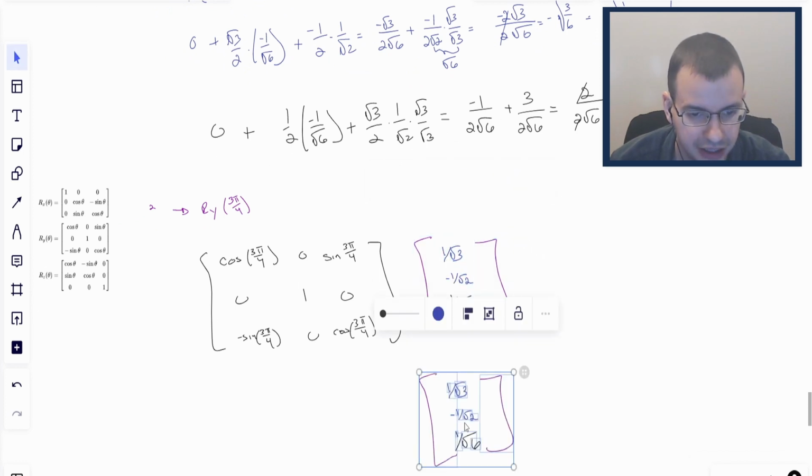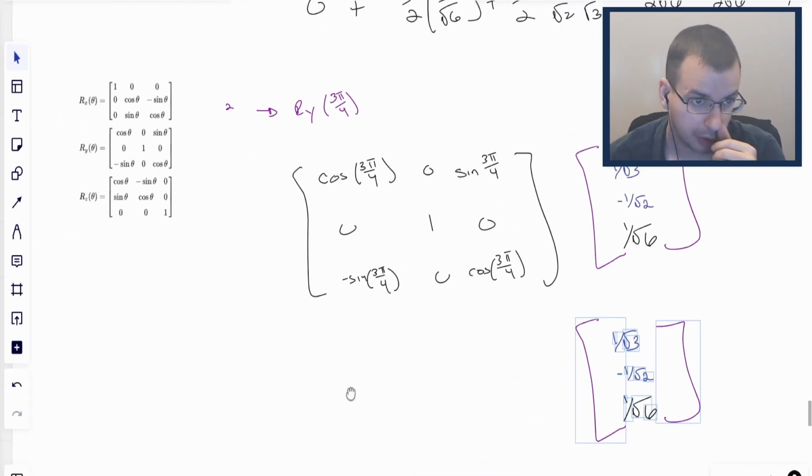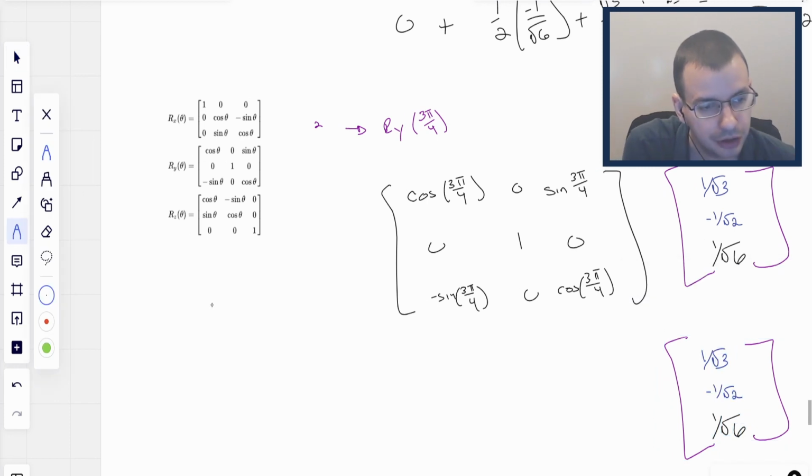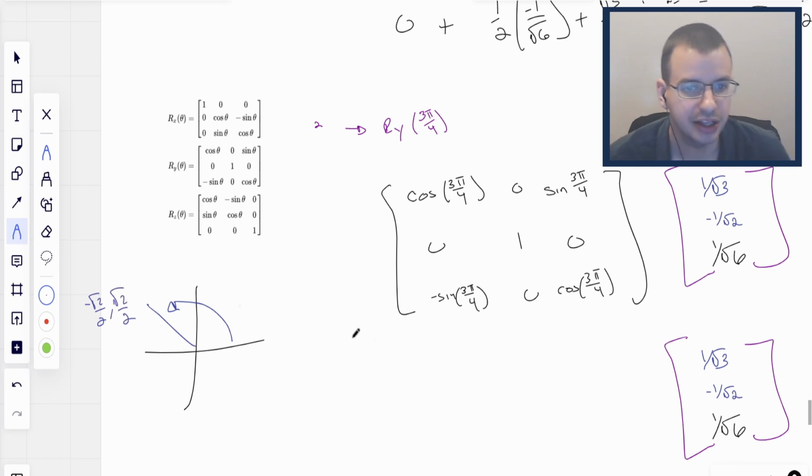And then we're going to simplify this. So cosine of 3 pi over 4. 3 pi over 4 is this direction. So that's going to give us negative square root of 2 over 2 for the cosine value, and then square root of 2 over 2 for the sine value.